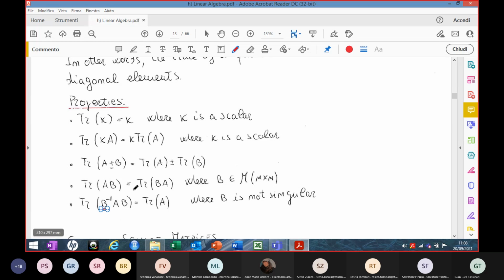You don't necessarily have to remember these properties. They are basic, but more important for econometrics than for mathematics, because very often you work with the trace in econometrics.